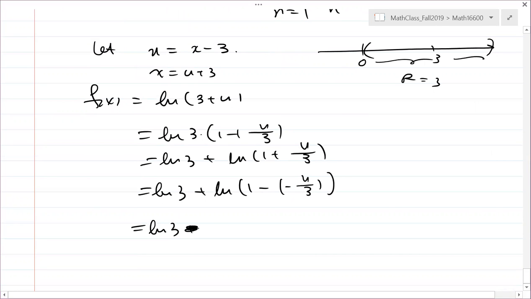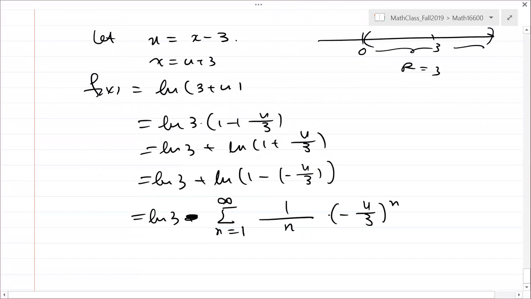It's going to be minus sigma, n starting from 1, of negative u over 3 to the nth power over n. That holds for absolute value of negative u over 3 less than 1.